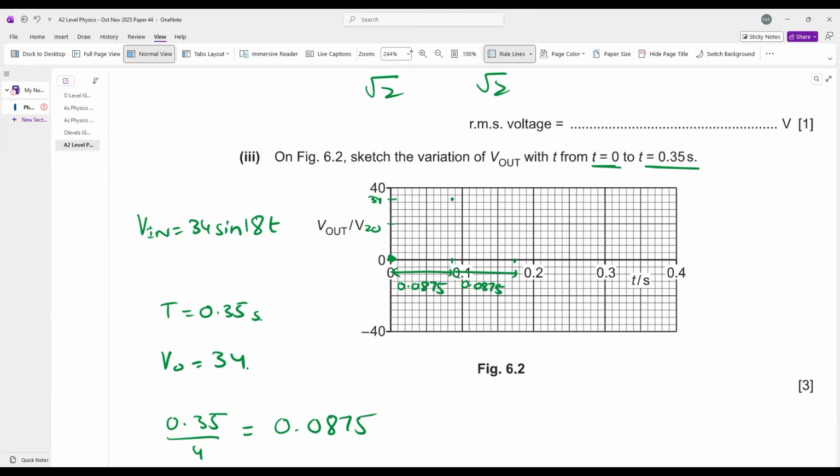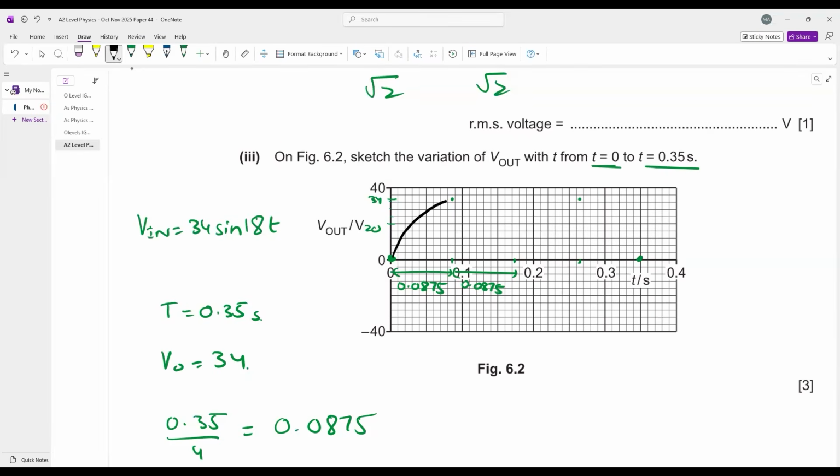Adding further 0.0875 gives 0.2625. Again, it will have a maximum voltage. And then at 0.35, you will have a voltage of 0. Connect the dots. Like this.